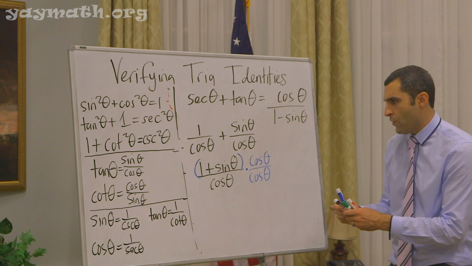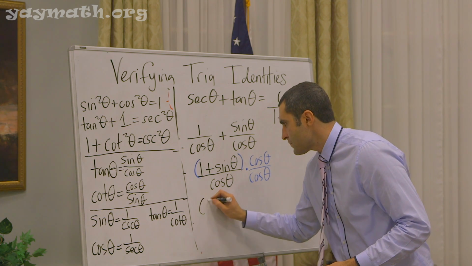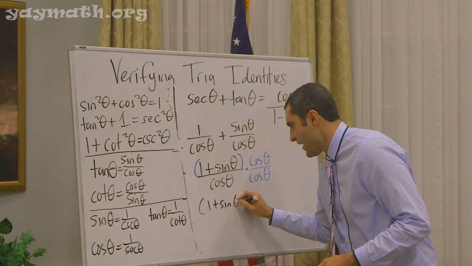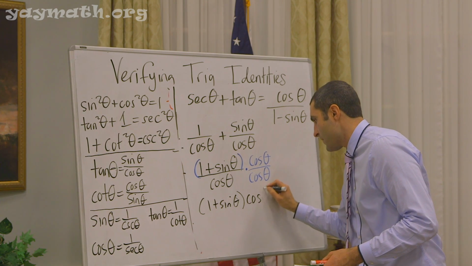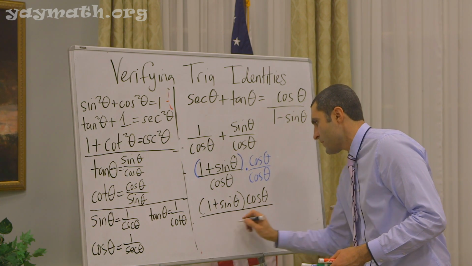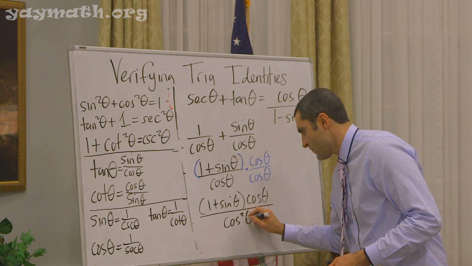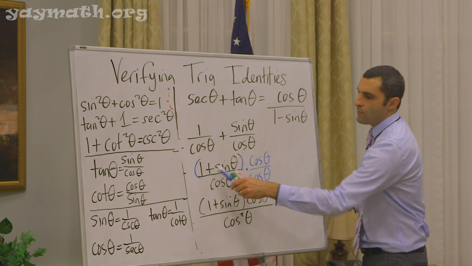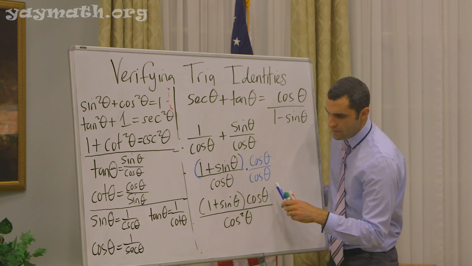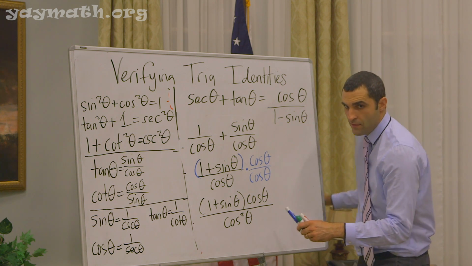Then 1 plus sine times cosine over cosine squared, and the bottom is 1 minus sine.